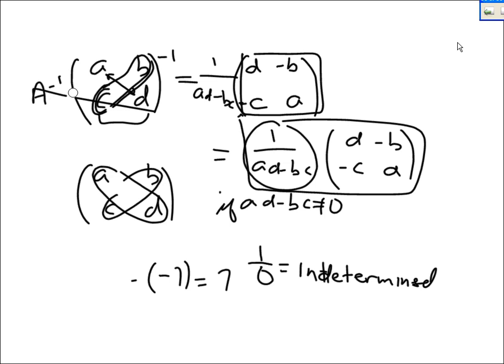To calculate A inverse, you have to divide by 0. You can't divide by 0. So as long as in a 2 by 2 matrix AD minus BC is not 0, the inverse exists.